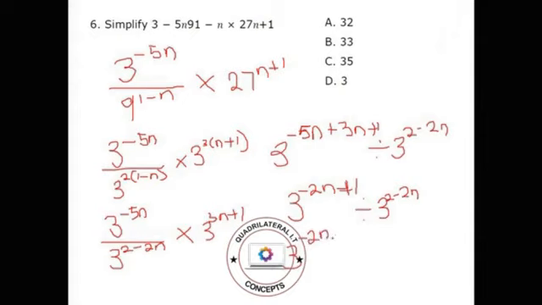We have minus 2n, then plus 1, then minus each of this. So minus 2, minus times 2, and that is minus 2, minus times minus 2n, and that is plus 2n. So here we can see that this minus 2n will cancel with this 2n. Then we have 3 raised to power 1 minus 2, which is 3 raised to power of minus 1. So 3 raised to power minus 1 is 1 over 3.